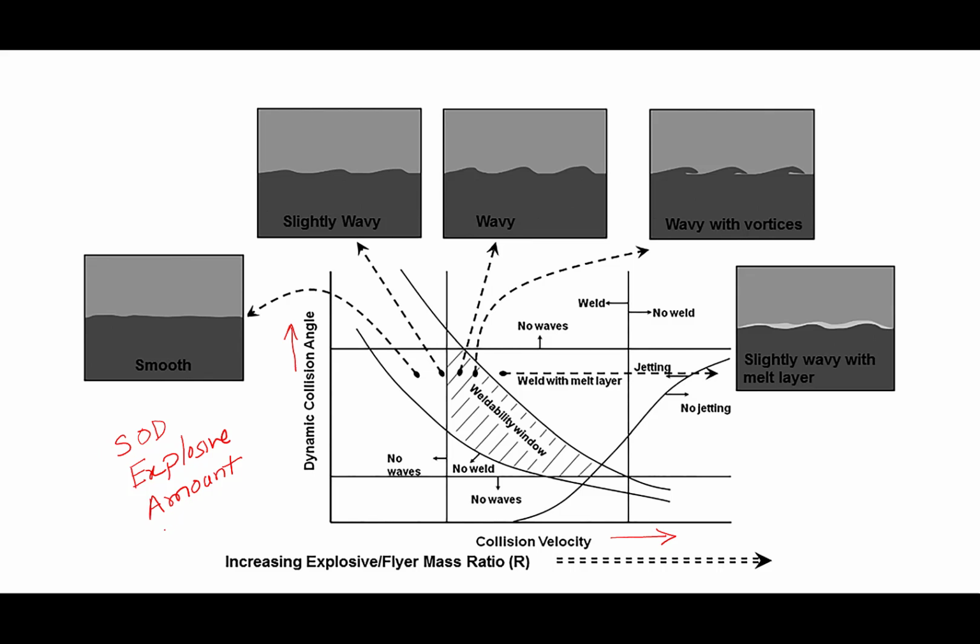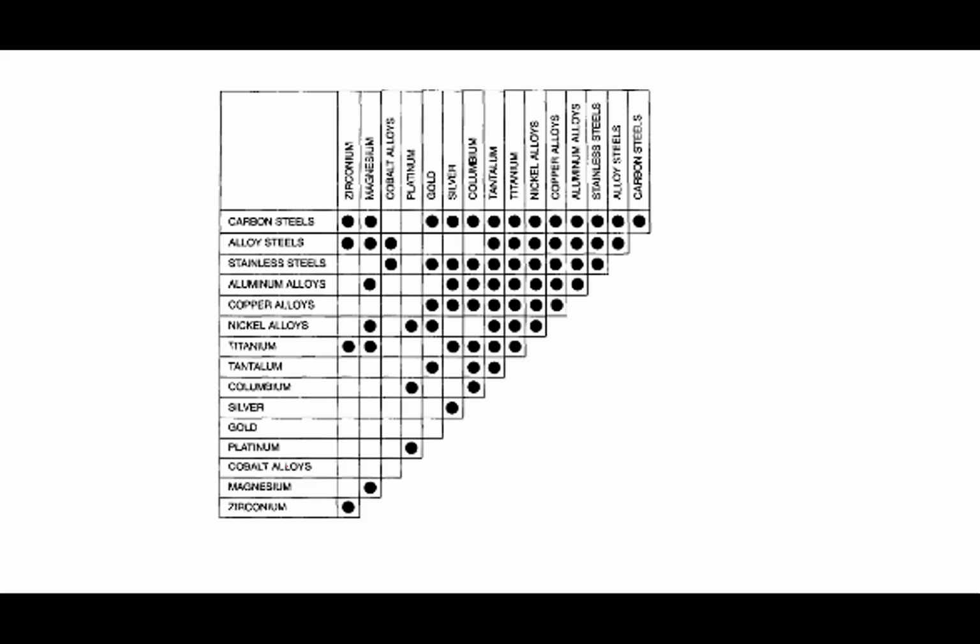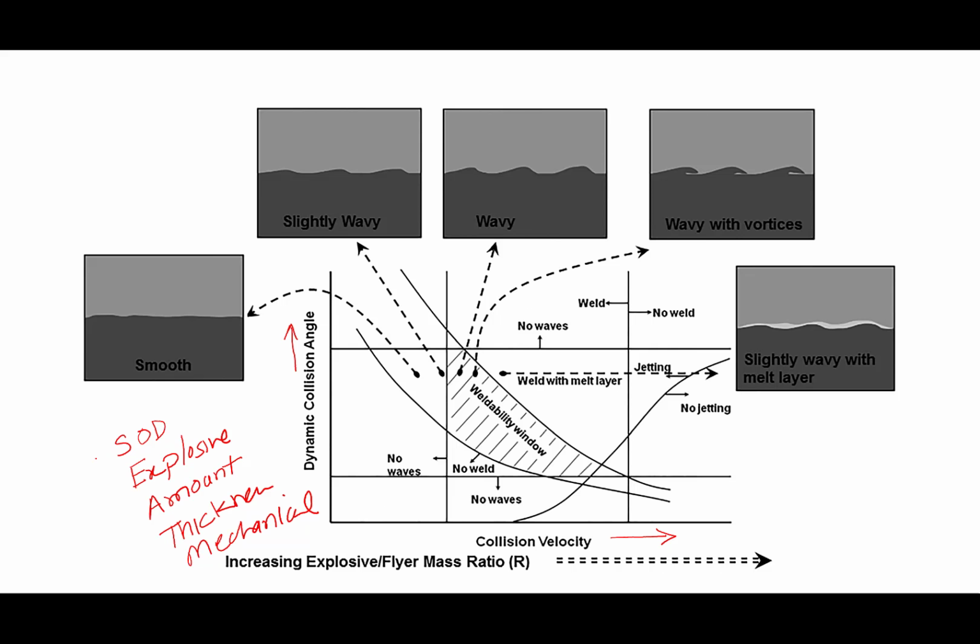Apart from these, the base metal thickness, and the mechanical properties of the flyer or the moving component. So these are the five parameters that determine the collision angle.